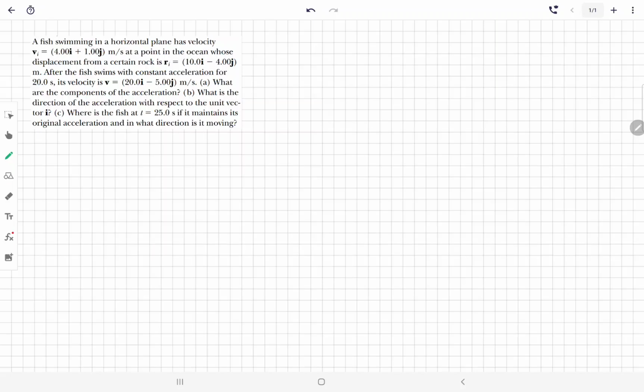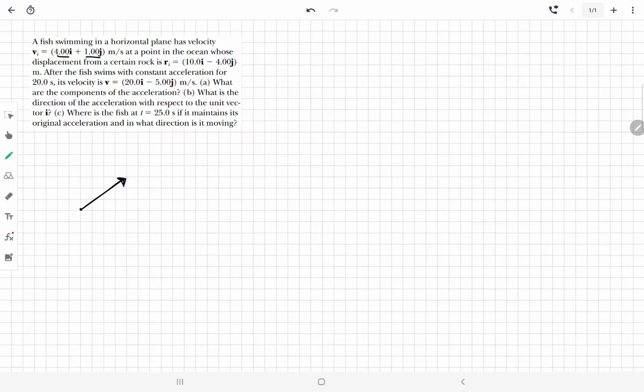So the first step is framing. Let's draw roughly. This is a vector, because velocity is given in terms of unit vectors, so direction is very important. What else can we say about this problem? The velocity vector is directed approximately like this, because the x component is positive and the y component is also positive, so it's moving initially in this direction.